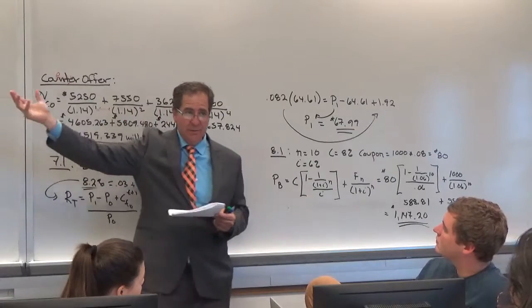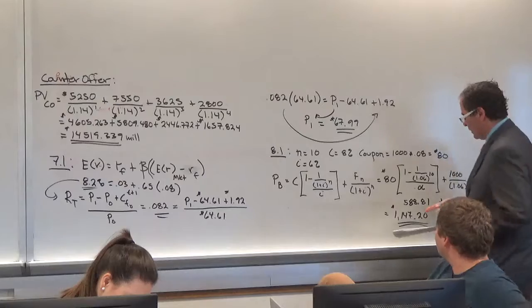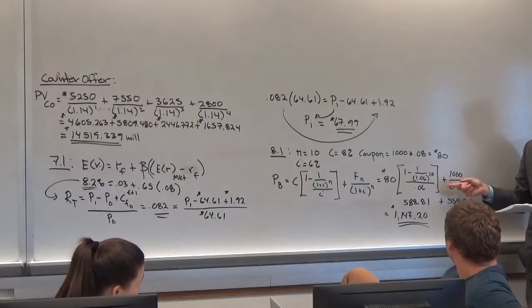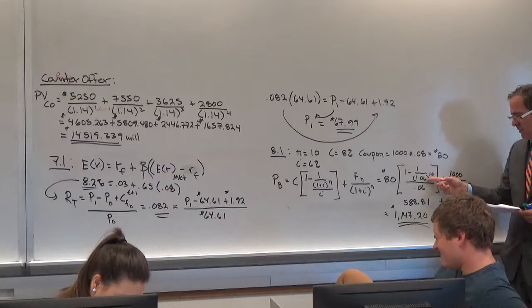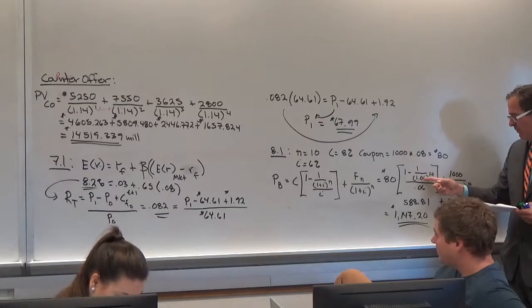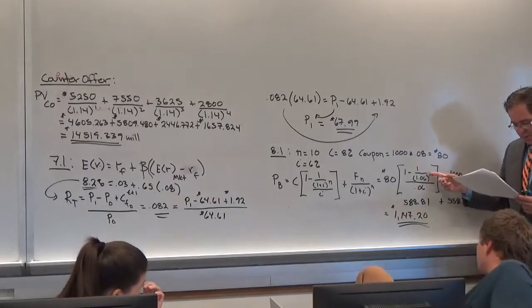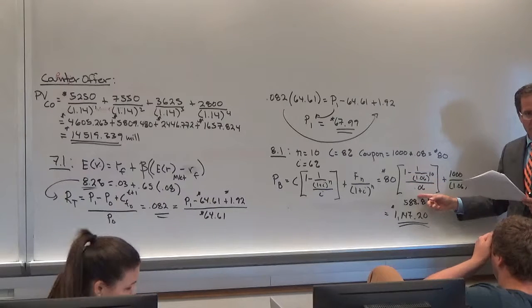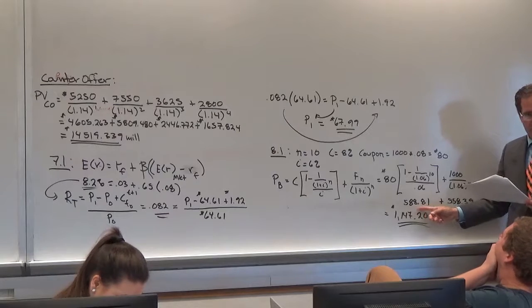I can do that. Or I can use the equation, which is basically the annuity formula, where I take 1 divided by 1.06 to the 10th power, minus 1, divided by 0.06. That's going to give me $588.81.